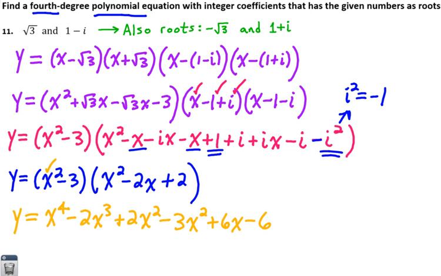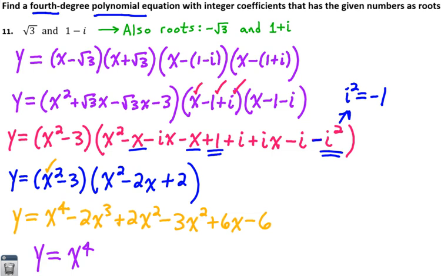Alright, and so now I can write my final answer by combining like terms. Nothing combines with that. Oh, wait, I thought that was a cubed. I could have sworn that was a cubed, but it was not. So, redo.